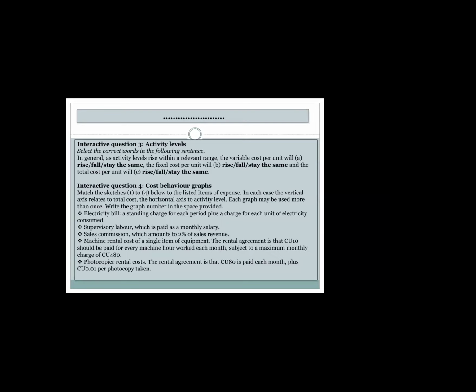Let's resolve this interactive question. It's interesting. Most of us make mistakes in this question and give the wrong answer. So let's resolve this. In general, as activity level rises in a relevant range.